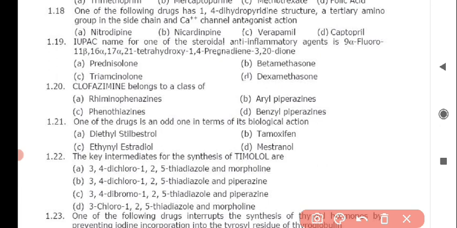So the correct answer for this question is option C, triamcinolone. Next question is clofazimine belongs to a class of. So the correct answer is option A, riminophenazines. Next question is one of the drugs is an old one in terms of its biological action. So the correct answer for this is option B, tamoxifen.